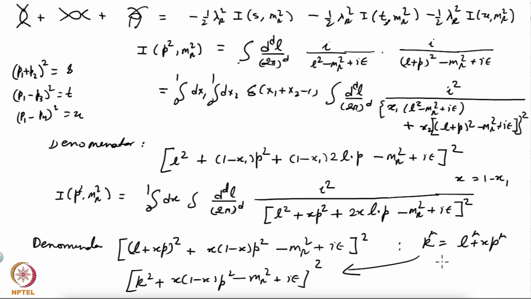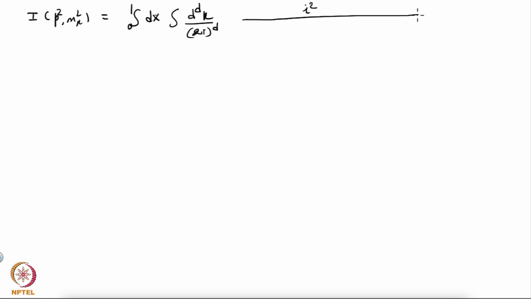So what's the integral I now? I is integral 0 to 1 dx, d^dk over (2π)^d, and then you have i squared over (k² + x(1 − x)P² − m_R² + iε) squared.